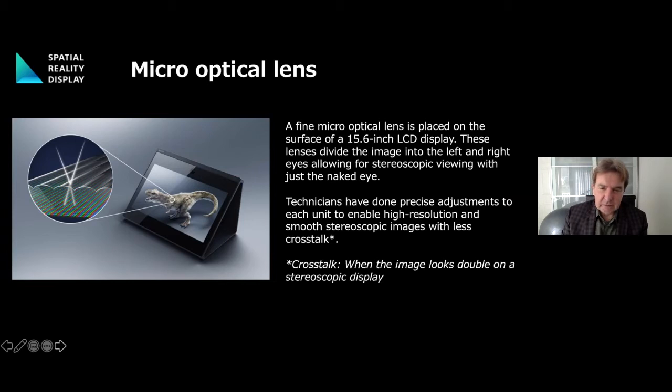We've done this in a way that really almost eliminates crosstalk as you view the image or move your head from side to side while viewing the image. And we hope you get a chance to see the display in person very, very soon.